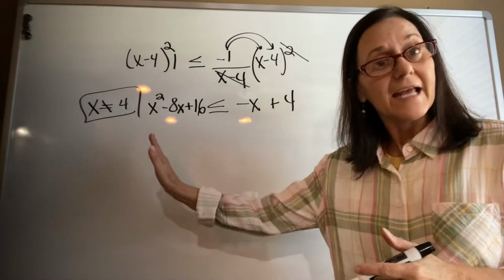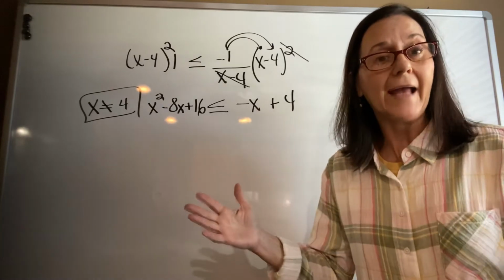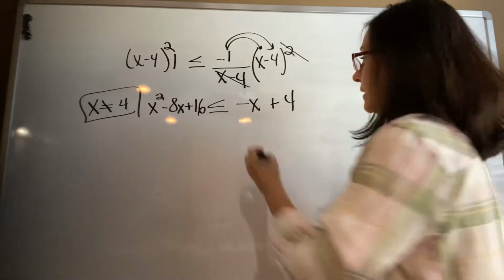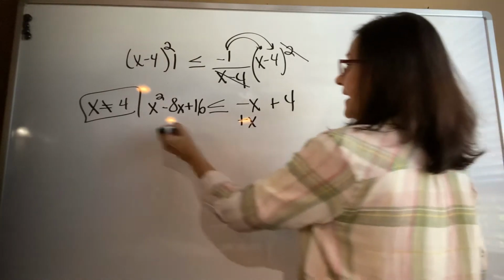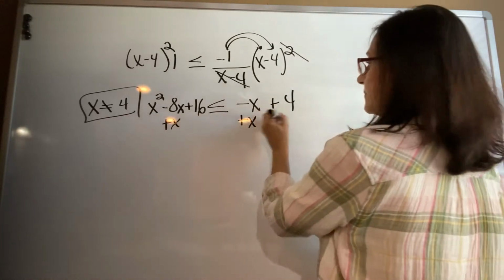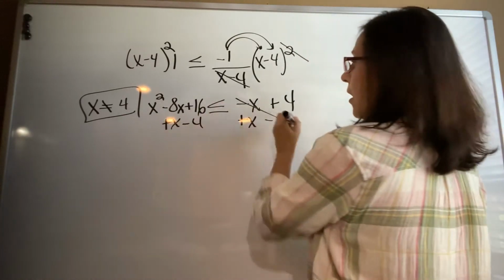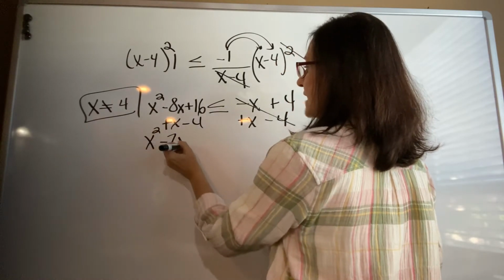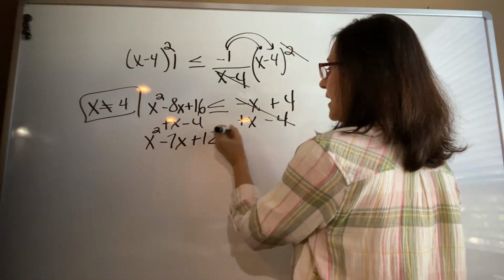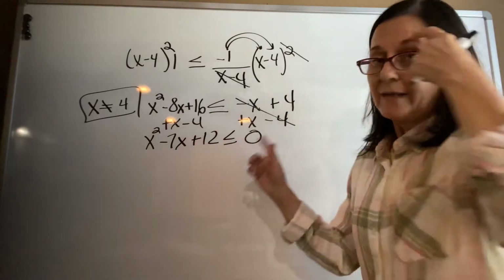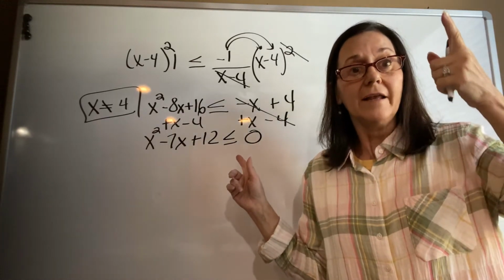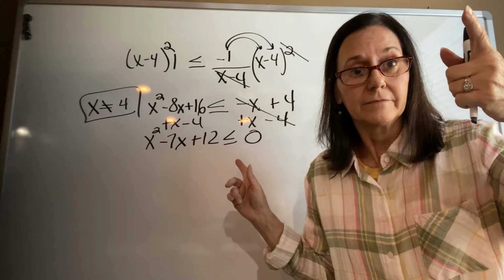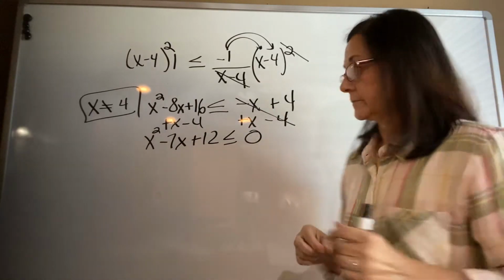Now we're going to set this equal to 0, and we're back at a quadratic inequality. So we add x on both sides, subtract 4 on both sides, and we have x squared minus 7x plus 12 less than or equal to 0. Less than is a conjunction, right? It's going to be all in the middle.